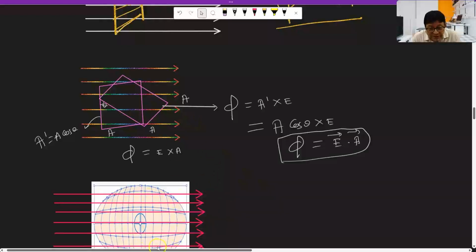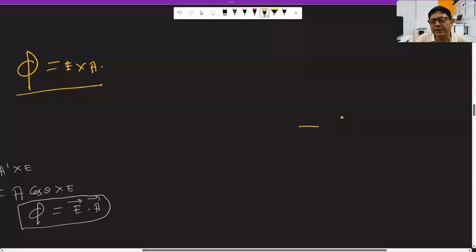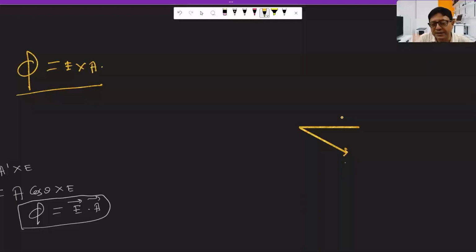Before we proceed calculating electric flux, let me make clear that part which you did a bit in class 11 physics course, the cross product of two vectors. Suppose there are two vectors, vector A and vector B. This is A vector and this one is B vector.